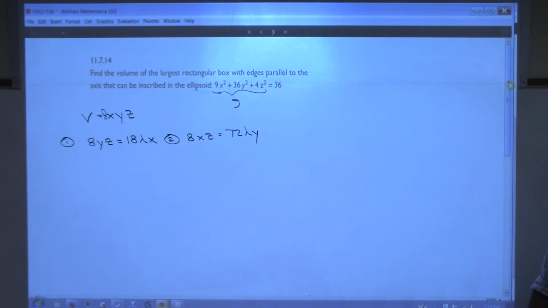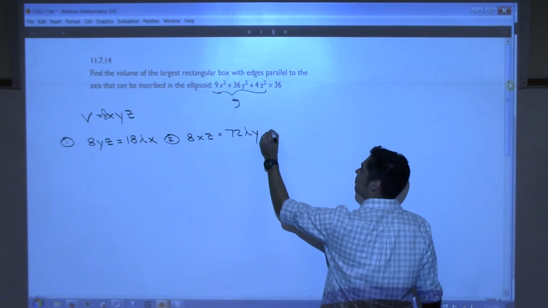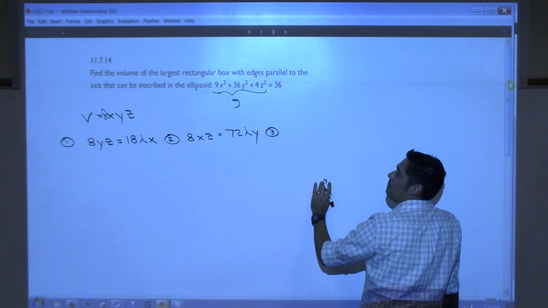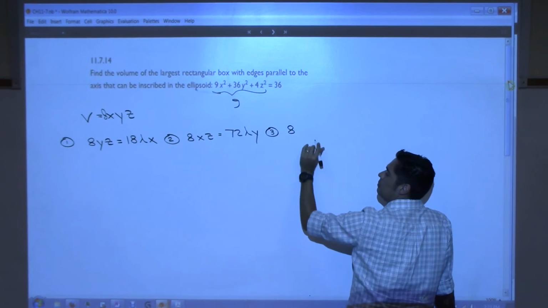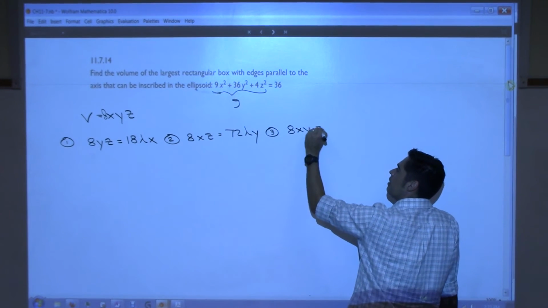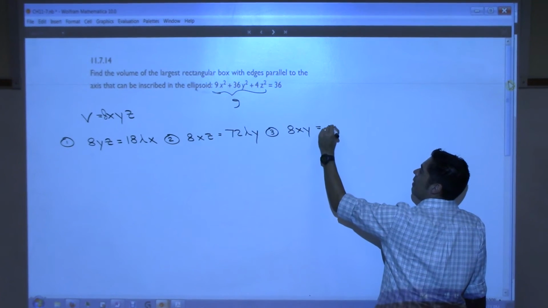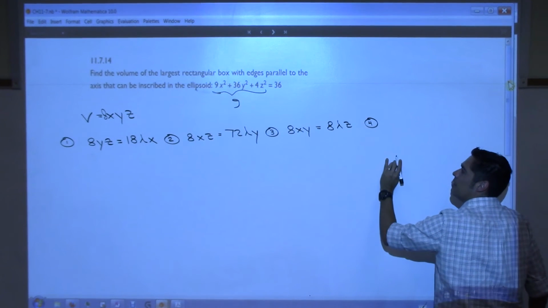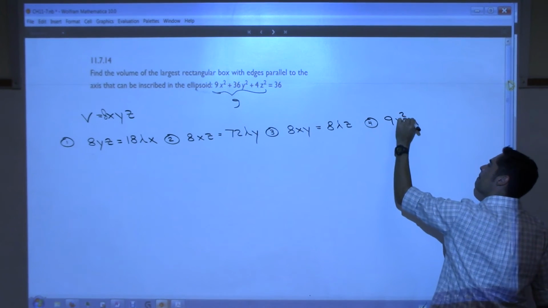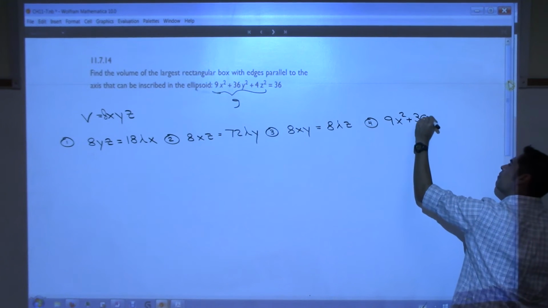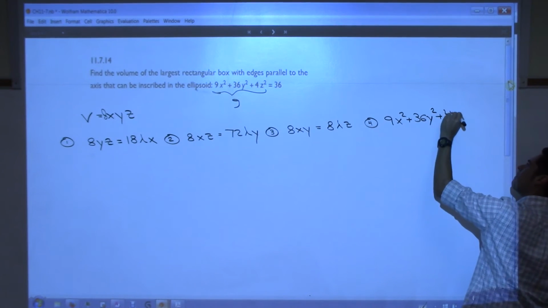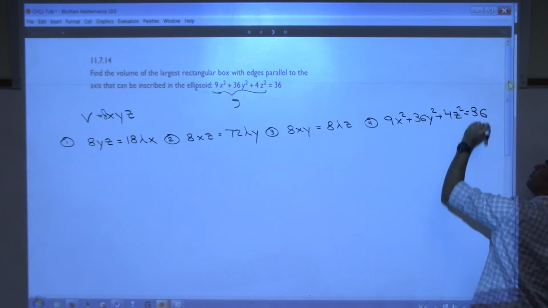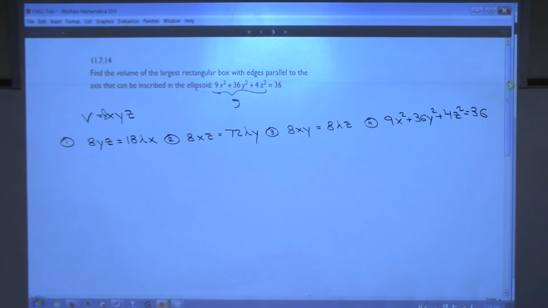Y'all with me? Third equation, 8xy equals 8 lambda z. Fourth equation is the constraint. Okay. 4 equations, 4 unknowns, x, y, z, and lambda.